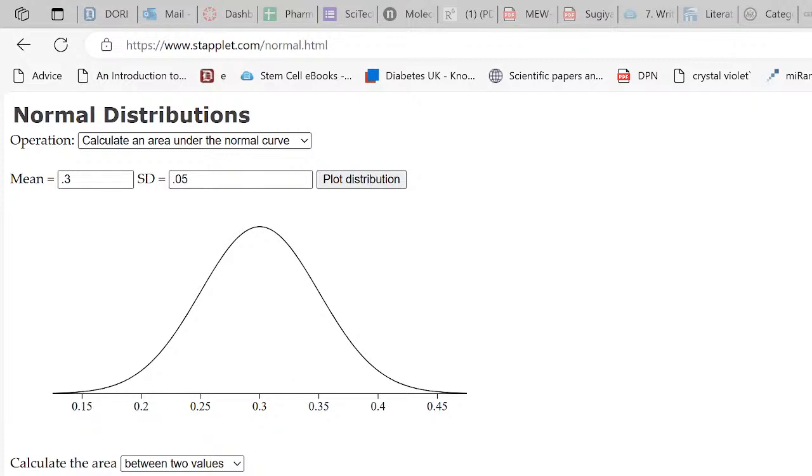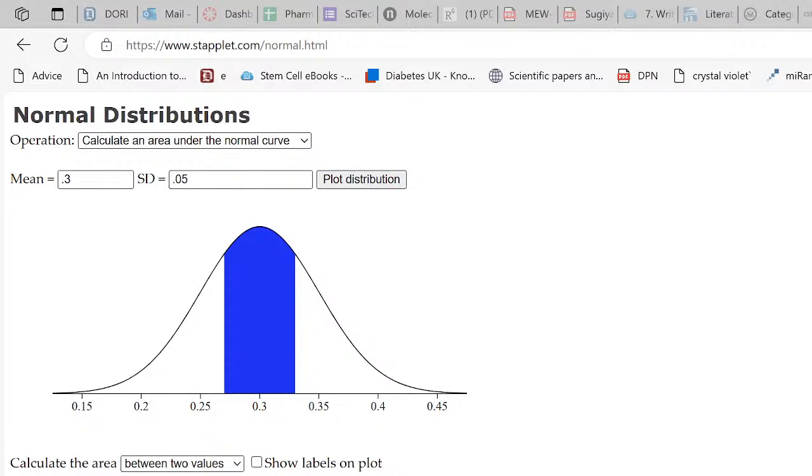We want the probability, okay, yes, there's a question on here. Find the probability that the sample proportion is between 27% and 33%. So I'm going to go up to this. I'm going to calculate an area. Down here.